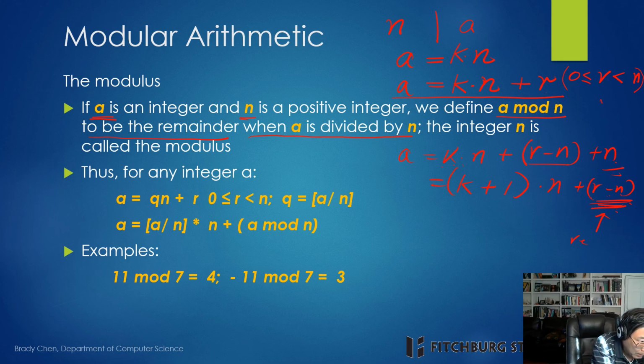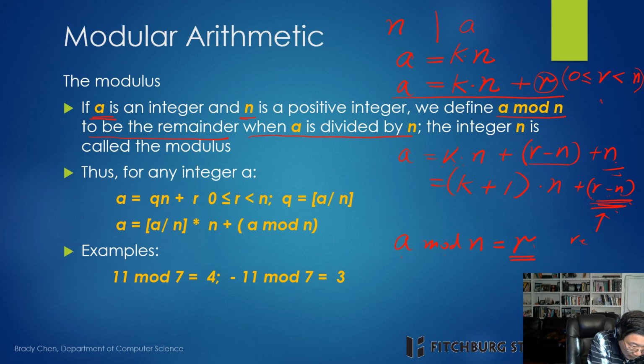So when a is divided by n, we get the remainder r. The modular operation returns the remainder when a is divided by n.